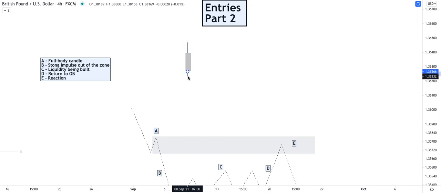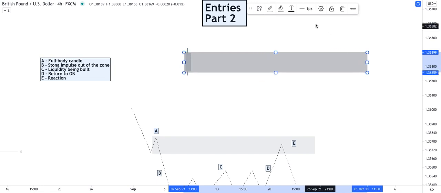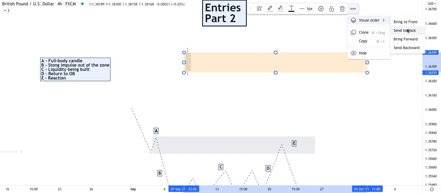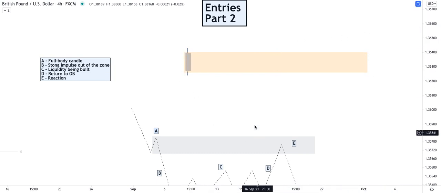Small wicks, we don't want to see big wicks, we want to see just price slowly creating that area and then creating that nice zone. So this will be our zone, and for this purpose we'll just make it orange and we'll just put it to the back. Okay, there's our zone now.